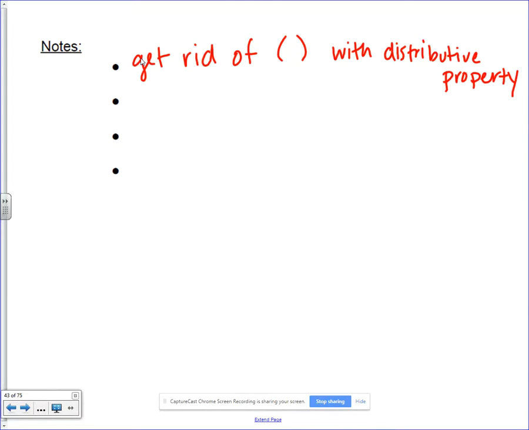After we're done getting rid of the parentheses, you want to try and combine like terms. How do I know if they're like terms? Same variable. It does not have to be the same number, but it does have to have exactly the same variable. You guys remember how I wrote that word exactly yesterday in all caps?